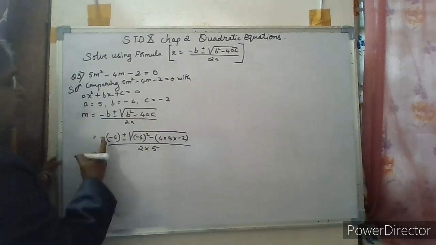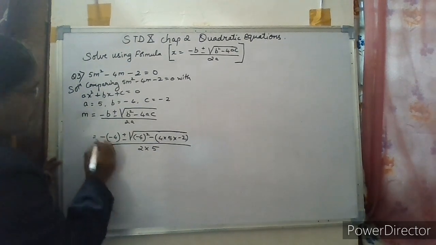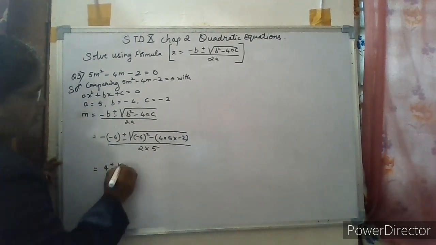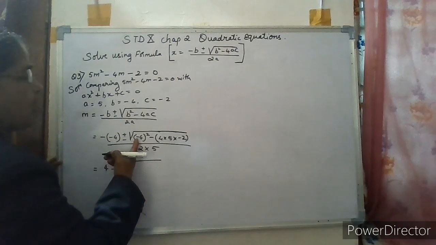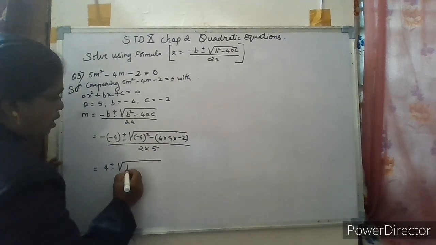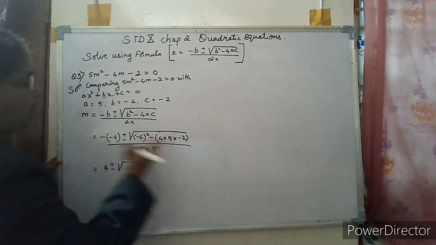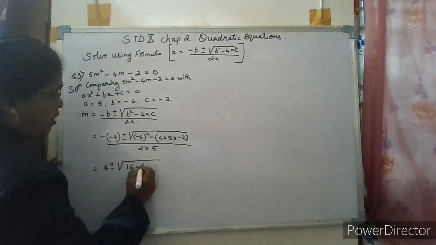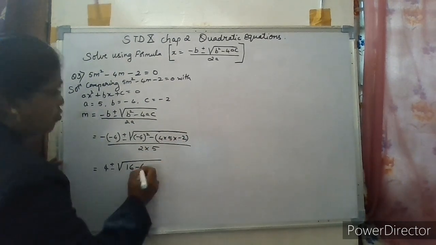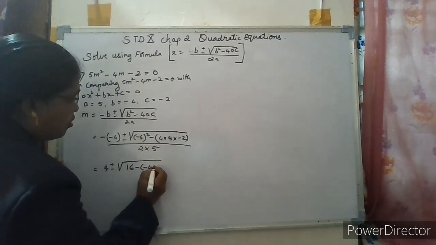Now, open the bracket here, minus into minus, this will be plus 4. Plus or minus under root minus 4 the whole square. So, 4 square is 16. Minus into minus plus. Minus in the bracket. 4 5s are 20. 2 2s is minus 40 here.